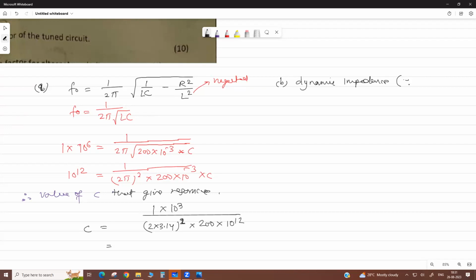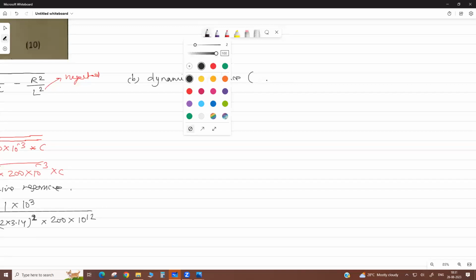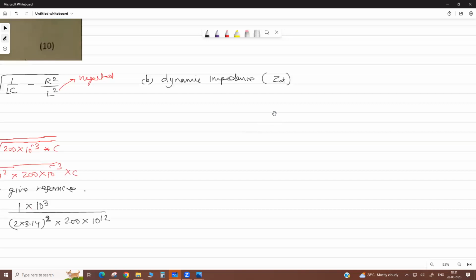Here we write ZD for dynamic impedance. Why? Because it also has reactance, that is why it is impedance.